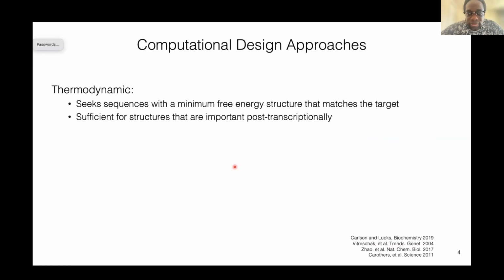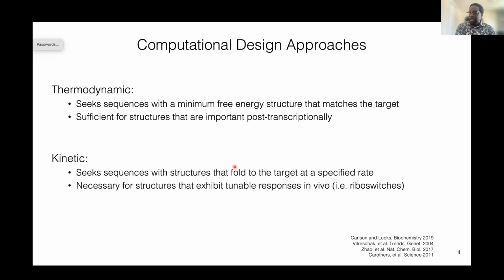There are a number of frameworks in which you can think of the RNA design challenge. One is a thermodynamic framework, where the goal is to identify a sequence or sequences with a minimum free energy structure that matches the target. The other uses kinetics, and the goal here is to identify sequences with structures that fold to the target at a particular rate, so not just getting the right structure, but targeting a specific rate of folding.